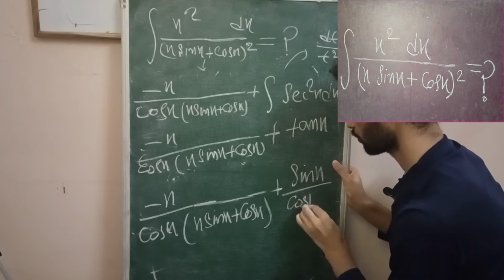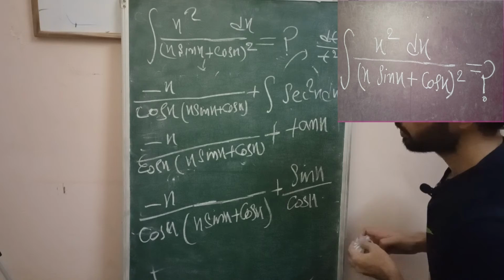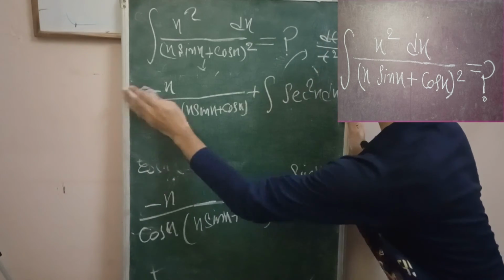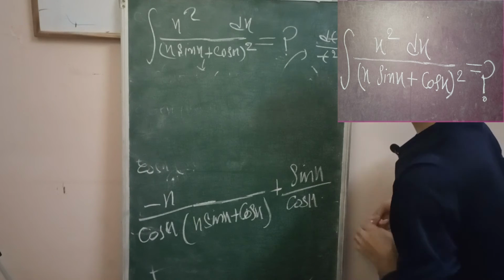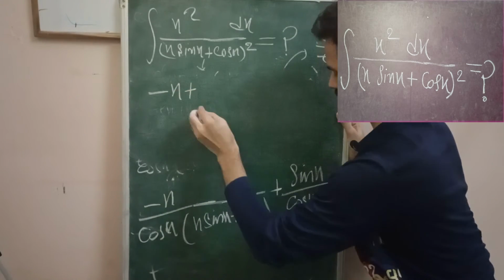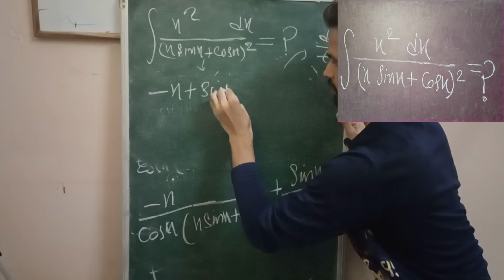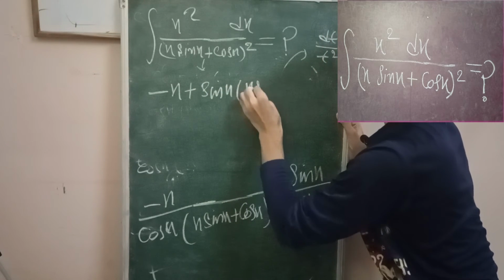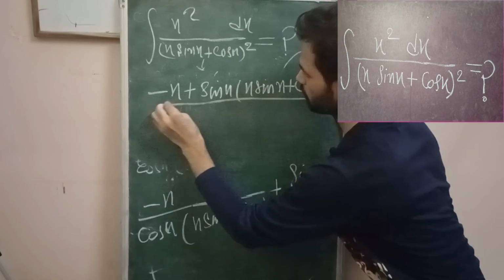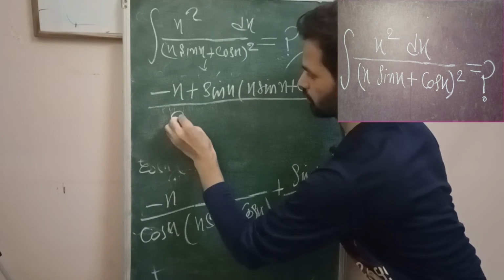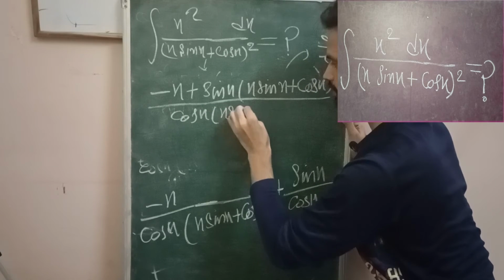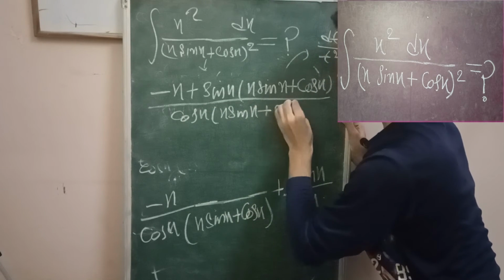Just make it simple. So this is minus x plus sin x into x sin x plus cos x, and in the denominator cos x, then x sin x plus cos x.